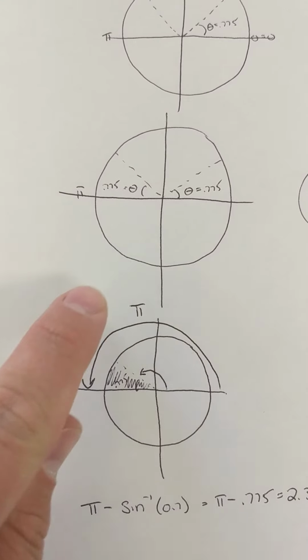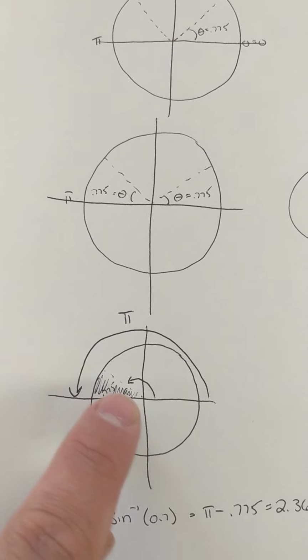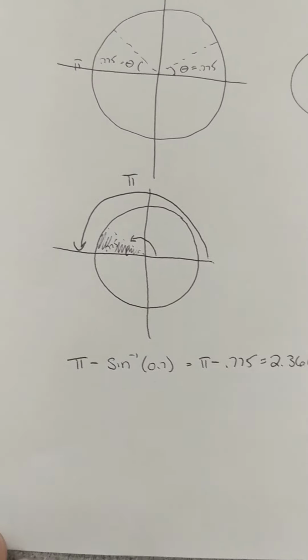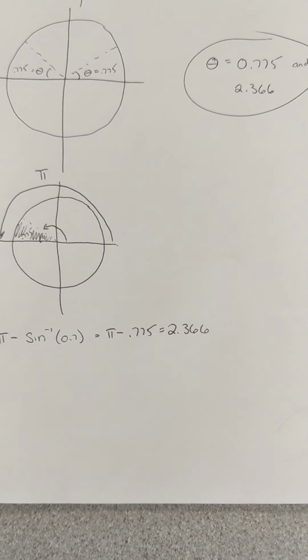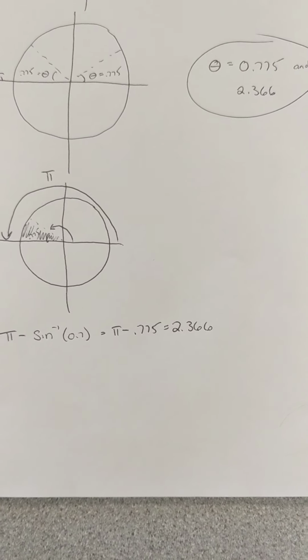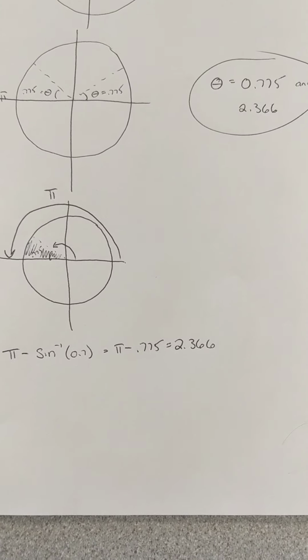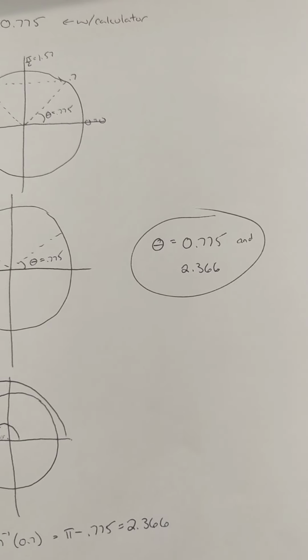Now from here to here is pi, so if I were to take pi and subtract the angle measurement that I know I don't want, I should be left over with what I do want. So pi minus the arc sine of 7/10 is pi minus 775 thousandths, which is 2 and 366 thousandths. So the answers are 0.775 and 2.366.